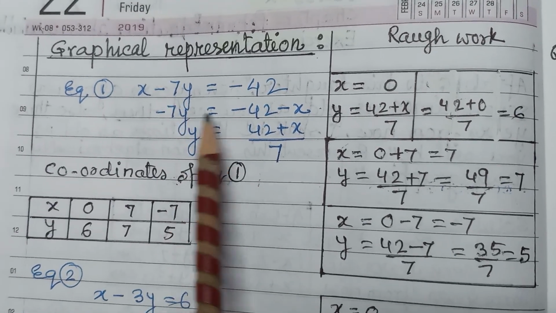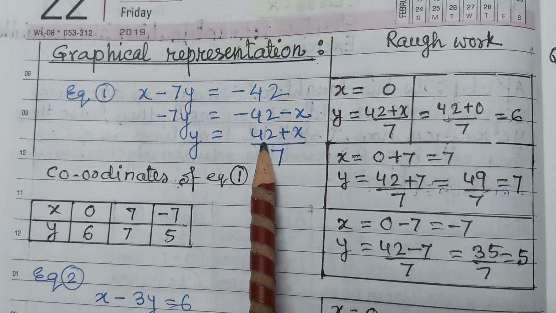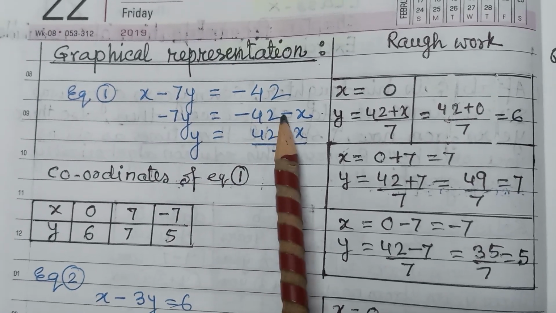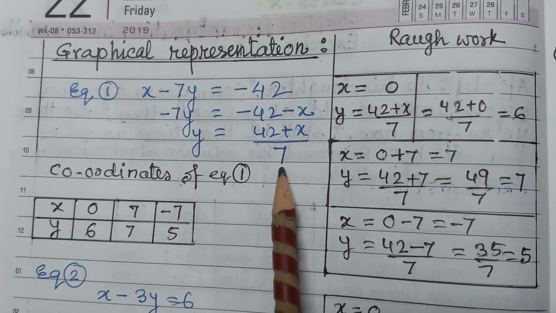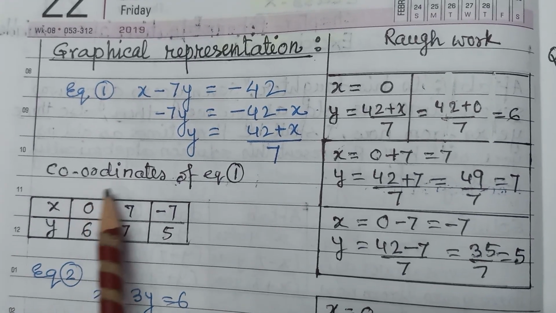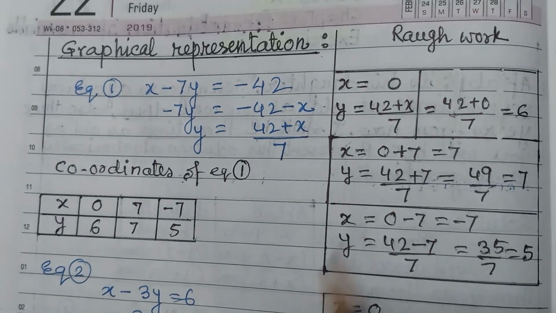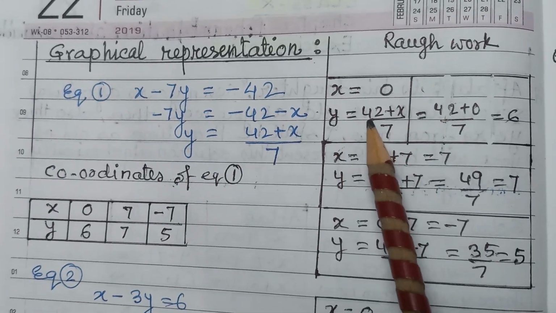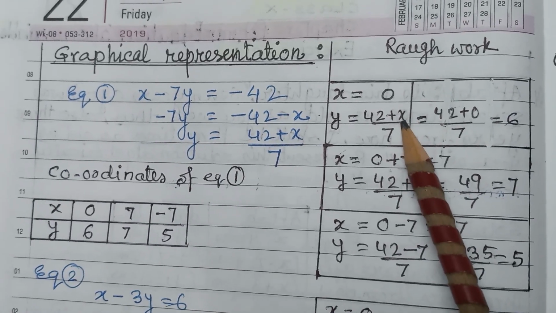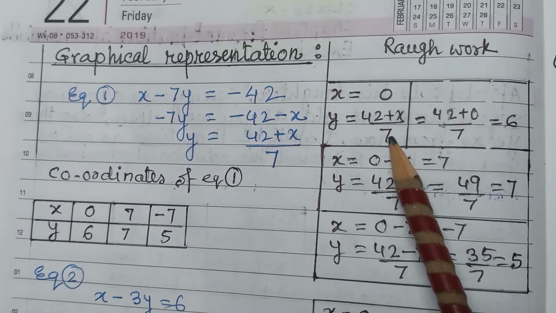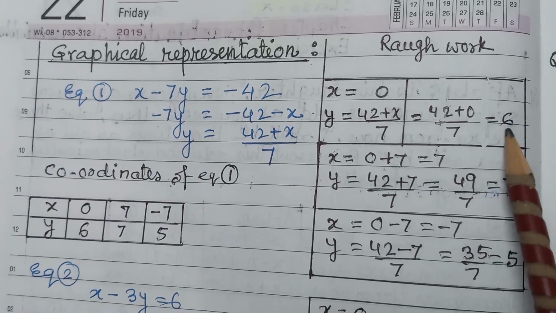According to that, minus 7y is equal to minus 42 minus x. y is equal to 42 plus x upon 7, taking minus as common so the minus cancels. Now we have to find the coordinates of this equation, x and y. If you take 0 for x, y is 42 plus 0 upon 7. So it is 42 upon 7, it is 6.